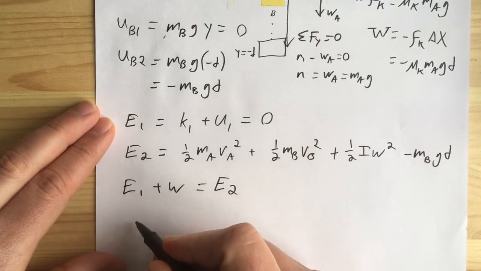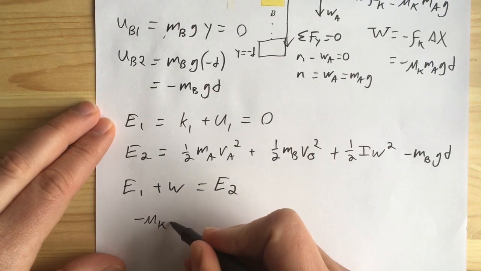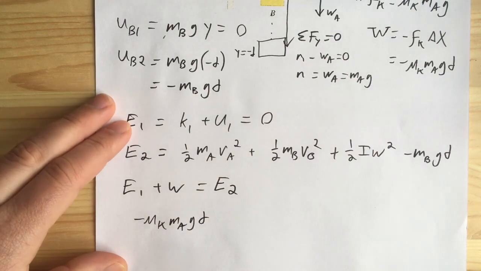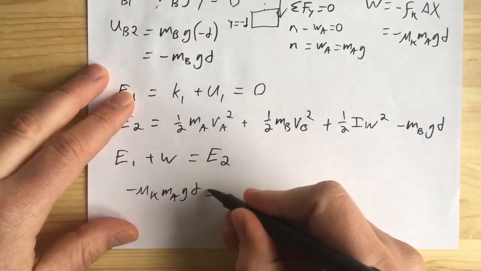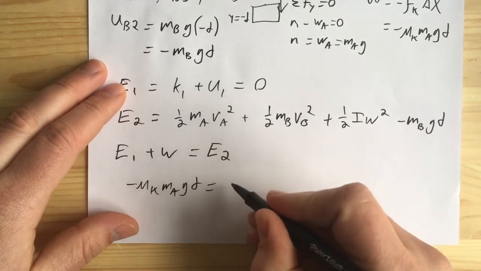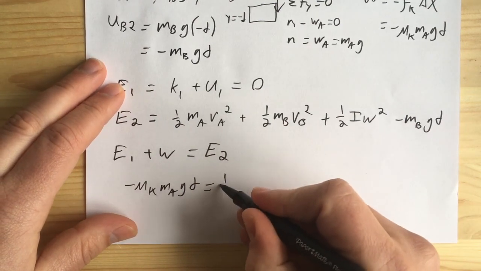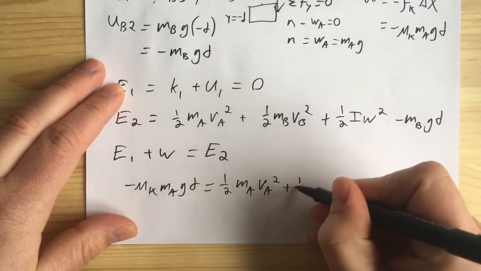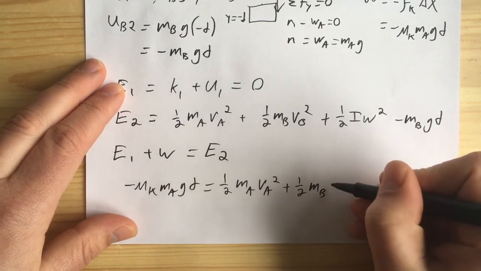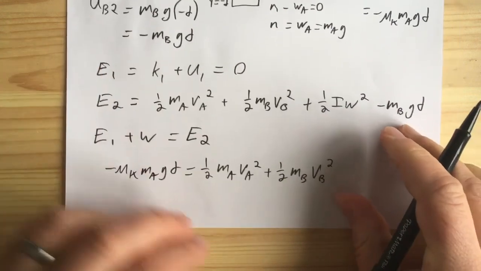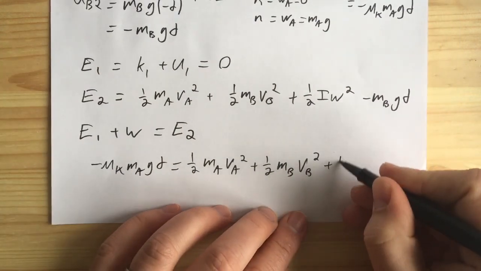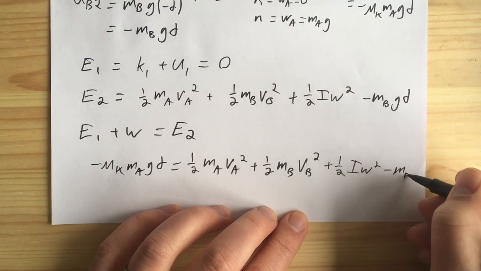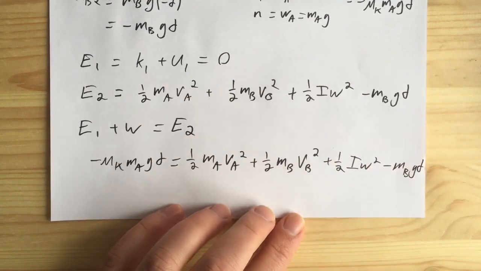The work done is equal to minus mu_k m_A g d. And the energy at time 2 is equal to all of this: 1/2 m_A v_A squared plus 1/2 m_B v_B squared plus 1/2 I omega squared minus m_B g d.